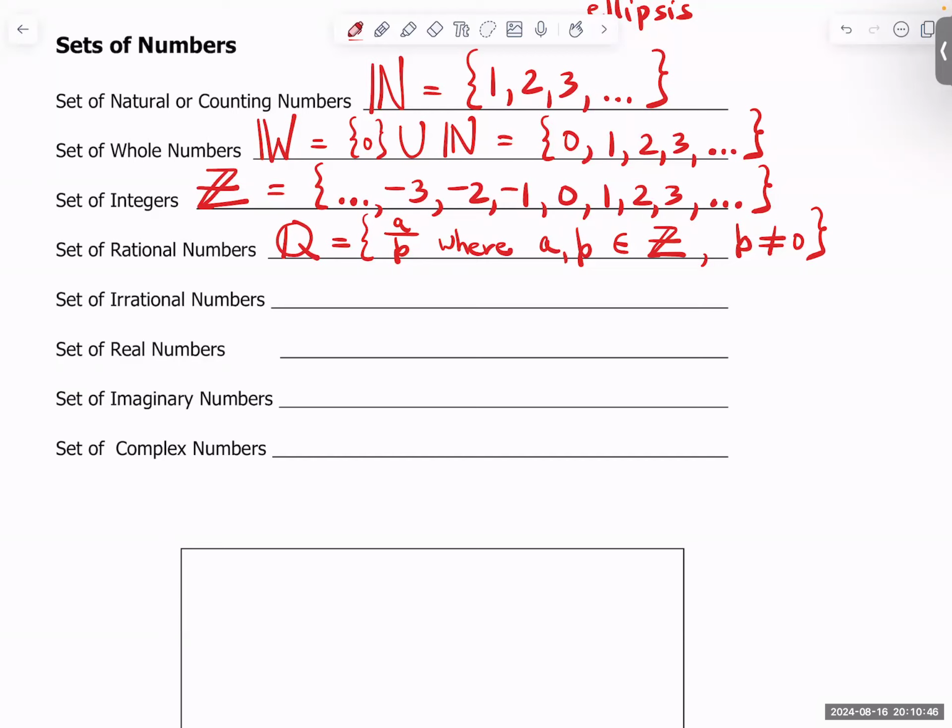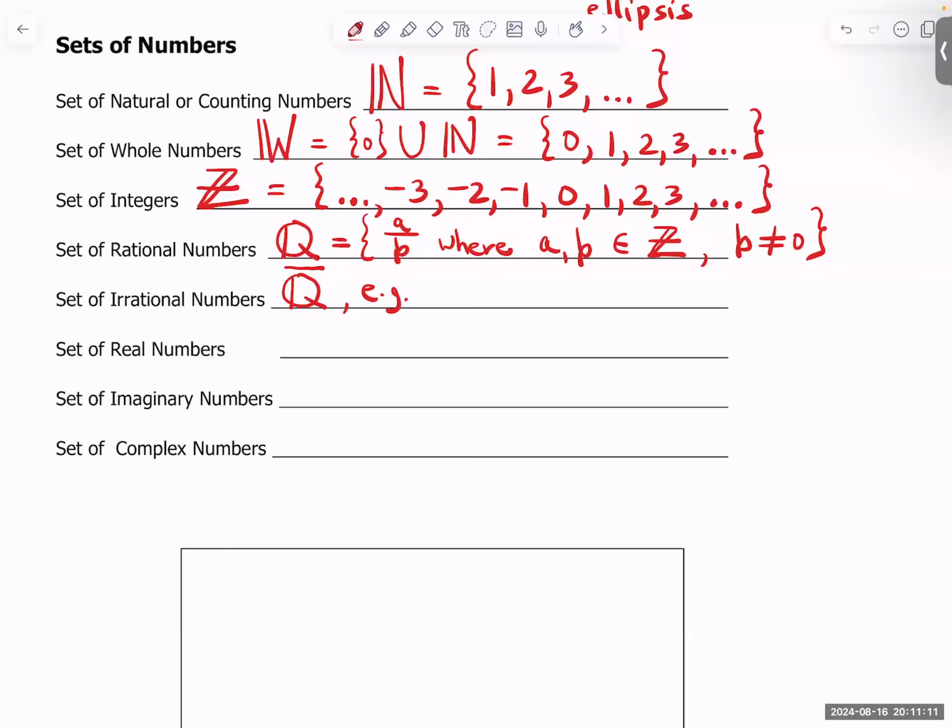Any number that cannot be expressed as a ratio of integers, A divided by B, is not a rational number and is therefore an irrational number. The set of irrational numbers is represented by Q with a bar on top. The bar means not, so not rational.